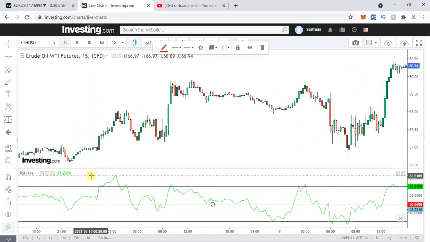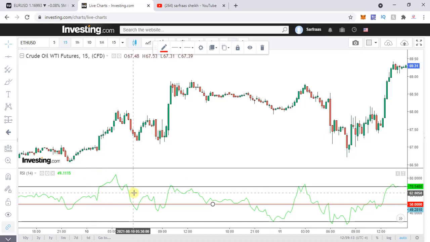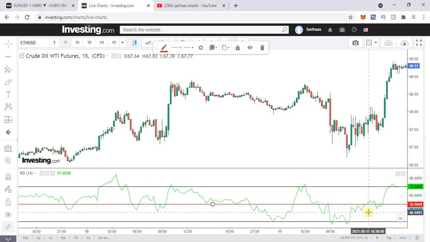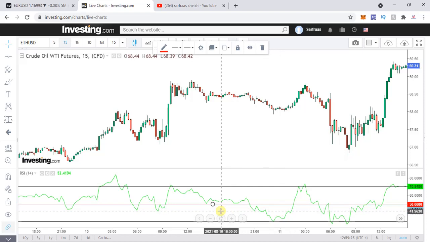Now the concept of oversold and overbought zones I've already explained to you. Now this marking, what we have done, we have the overbought zone at 70 and oversold at 30. Now 50 here, when you draw a line at 50, is sort of the momentum indicator.